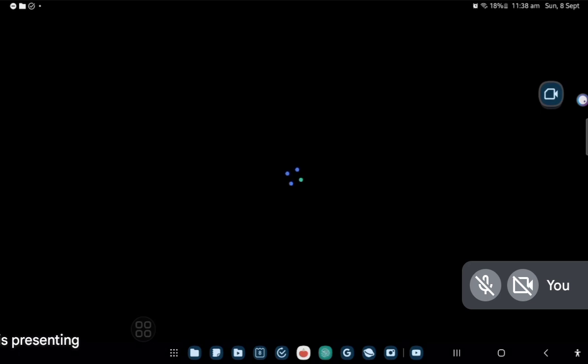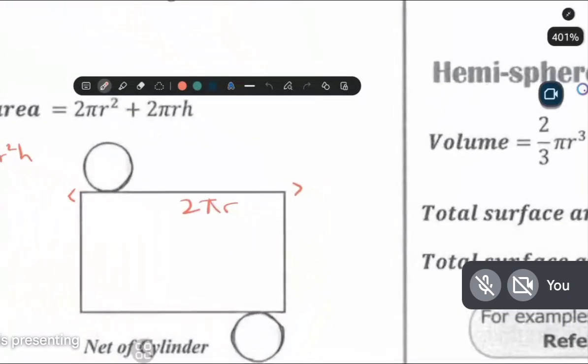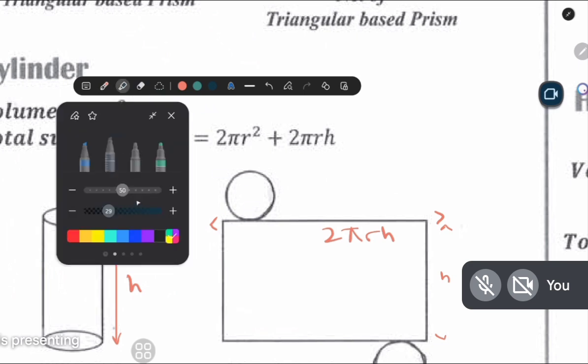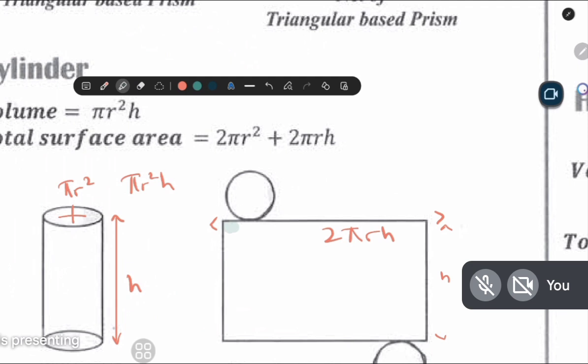Does that make sense? So when we're talking about the length of this cylinder, when we open it up, the length portion is 2 pi r, and obviously the height remains the same. So we have 2 pi r h as the area of this rectangle.